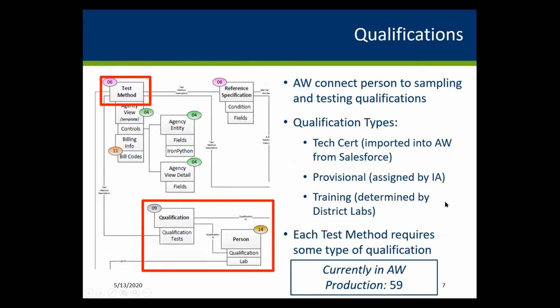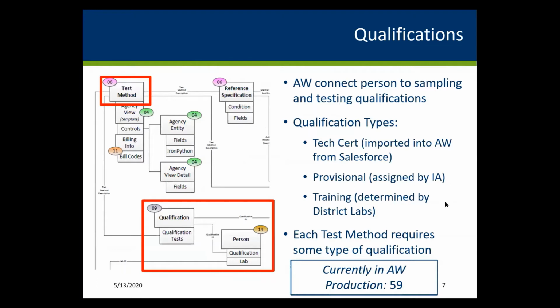Qualifications. They talked a little bit about that yesterday. AASHTOWare connects person to sampling and testing qualifications. There are 3 qualification types. The Tech Cert qualification, and that's imported into AASHTOWare from the Salesforce software. And so it's a clean import that we as the users won't even notice, but it's going to happen in the background.